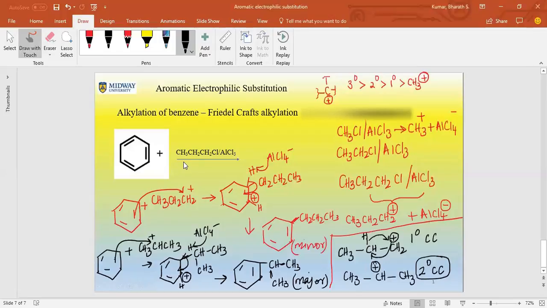It reacts with the benzene, as I've shown before, to give you the minor product. Through the hydride shift, we were able to generate a secondary carbocation, which then reacts with the benzene to produce a major product. Okay, both are isomers. The minor and the major product, if you count the number of carbon and hydrogen, they're exactly the same. They're just isomers of each other, right?